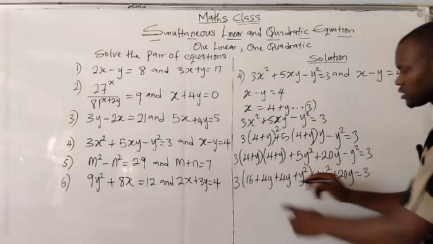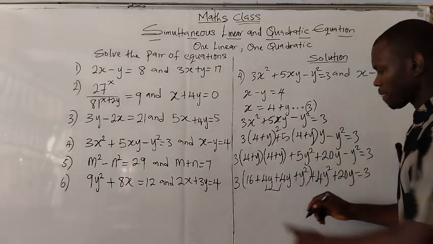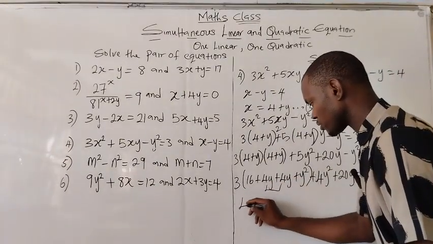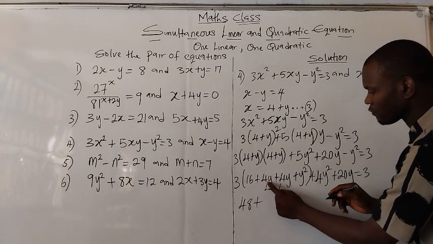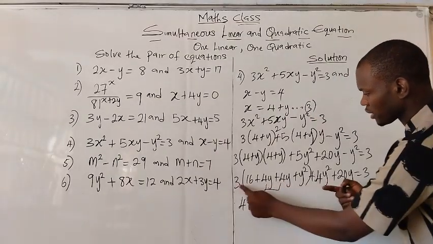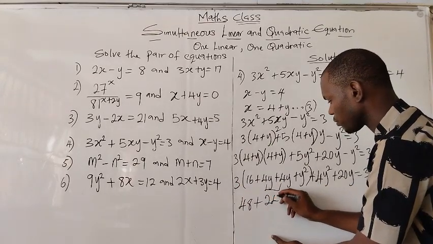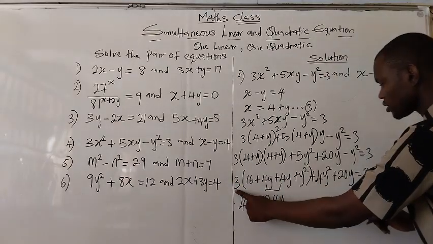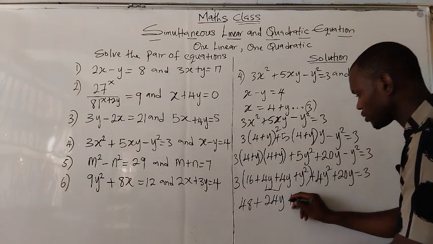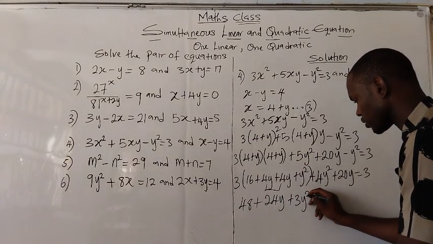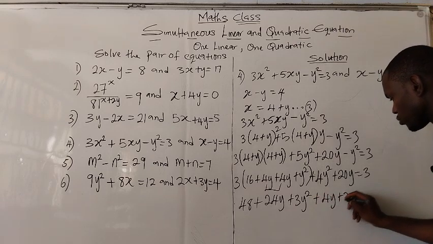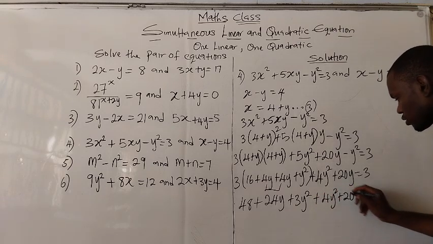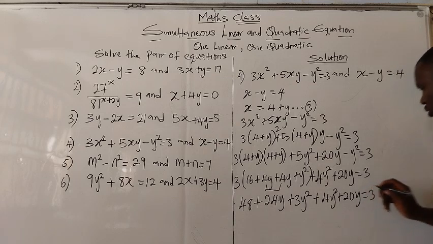But before then, let's add 4y plus 4y. 3 times 16 will give us 48, plus 3 times 8y. 4y plus 4y is 8y, times 3 we have 24y. Then 3 times y squared will give me 3y squared. Bring down every other: 4y squared plus 20y equal to 3.